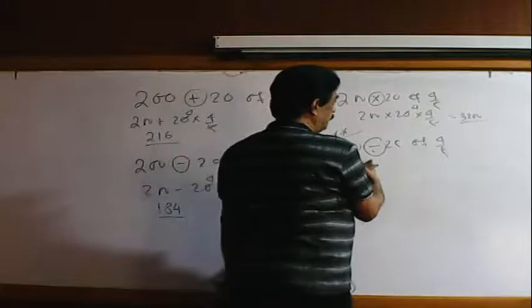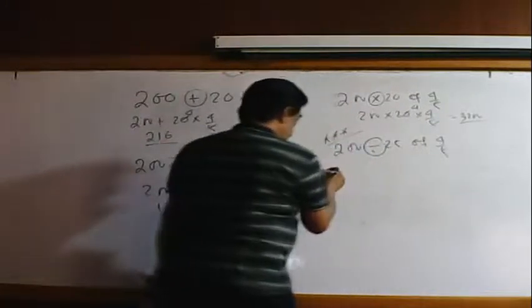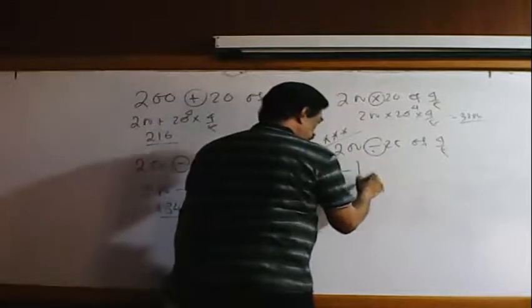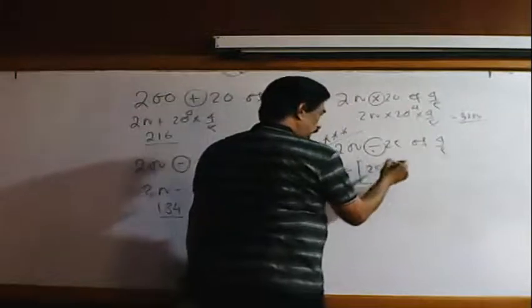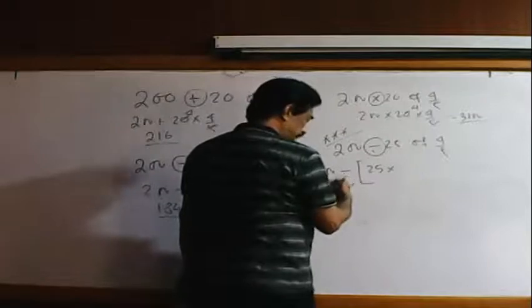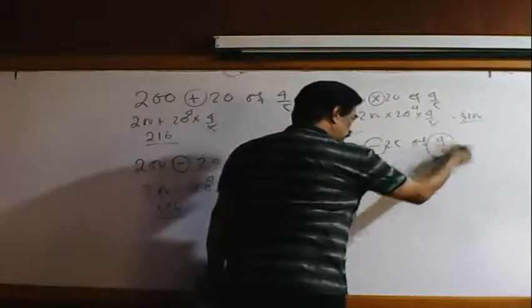But be very, very careful: before 'of' there is a division sign. The rule is that first divide, give a bracket, whatever may be, 25 into, before 'of' sign there is a division sign. So multiply 'of' and the result will be the reciprocal.